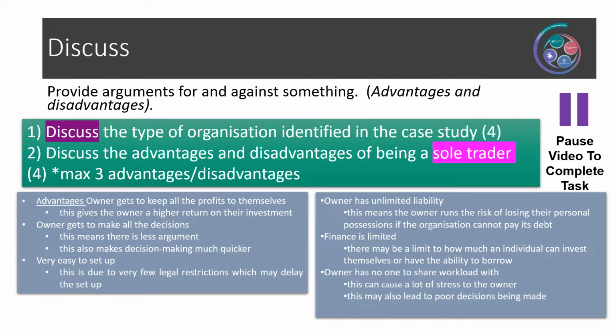Finance is limited. That's because there's only 1 of you. And that is a disadvantage because it may limit how much an individual can invest themselves or have the ability to borrow. You could also say that it limits your ability to grow as a company.